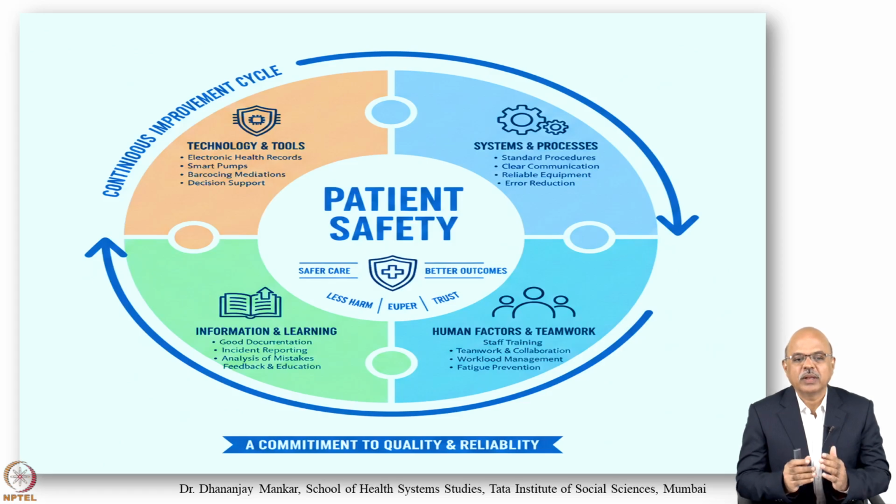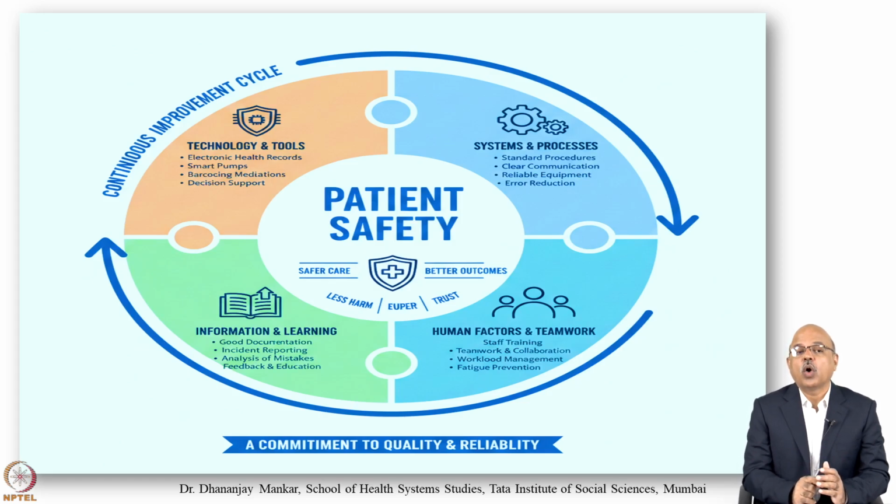With respect to skills, education and training, information and learning, good documentation needs to be emphasized, incident reporting is very important, and mistakes should be analyzed with the data taken from the hospital and worked on in the form of feedback and education.